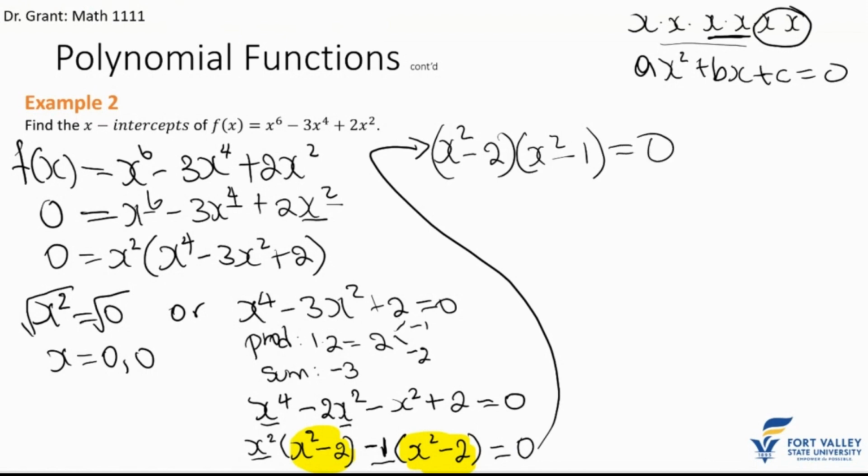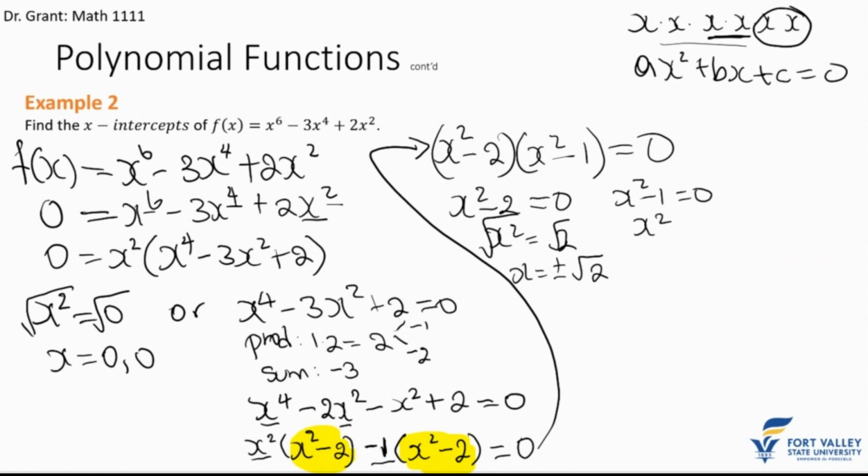So if we solve these, we have x squared minus 2 equals 0, or x squared minus 1 equals 0. So if x squared minus 2 equals 0, then x squared equals 2. And that means x will be plus or minus the square root of 2, because you take the square root of both sides. Then here, similarly, x squared equals 1.